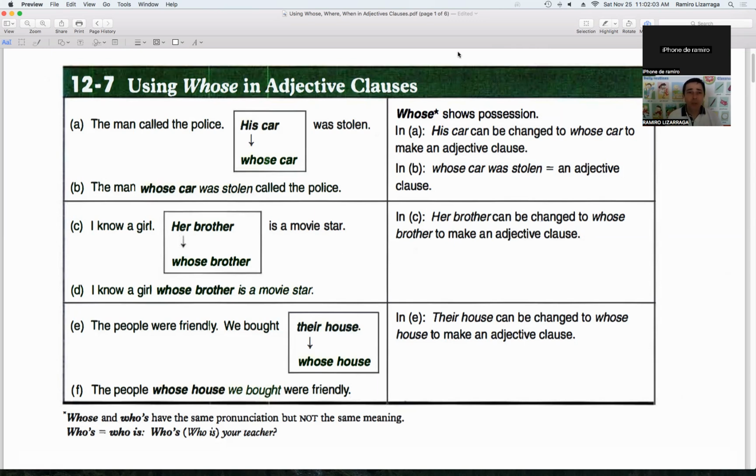Today, we're going to be using whose and other question words to make adjective clauses. As you can see here on the screen, we have whose, of course. Whose shows possession in a sentence, and we're going to be using whose to make adjective clauses.